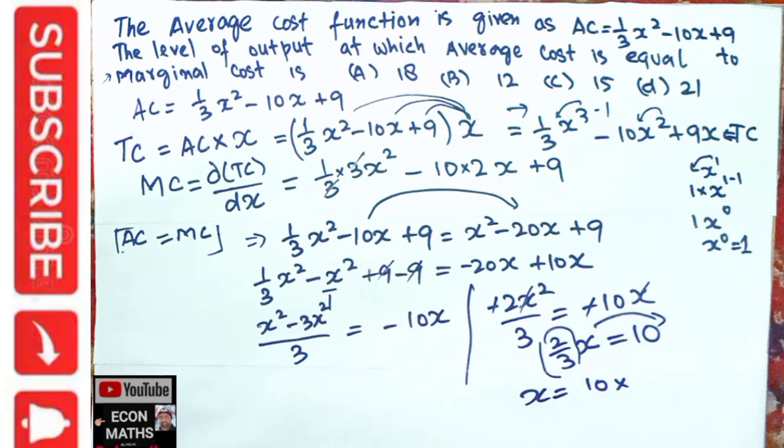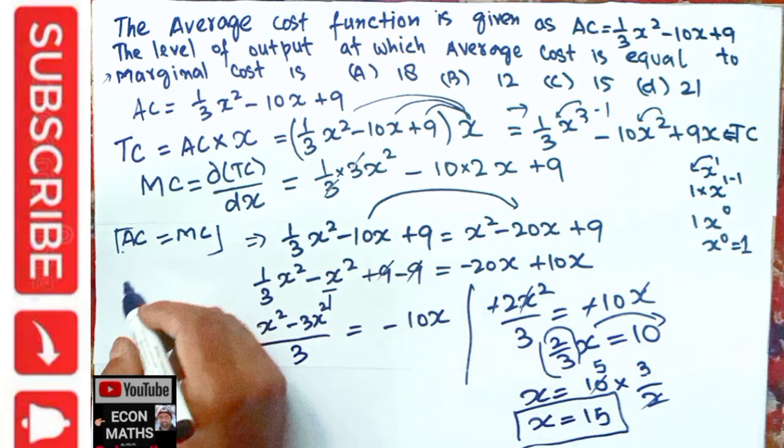This will get reciprocated, so here it is 3/2. Now 2 ones are 2, 5 twos are 10, 5 threes are 15, so x is equal to 15. That is the level of output where average cost is equal to marginal cost.